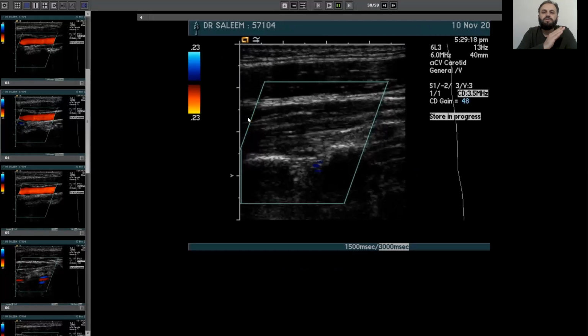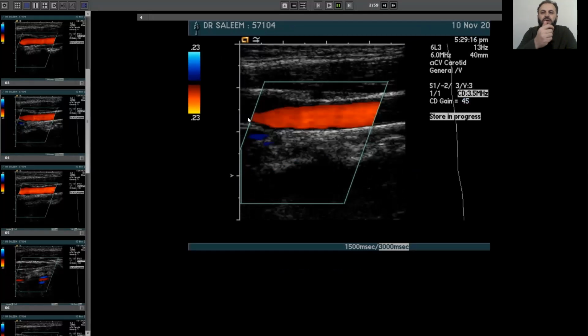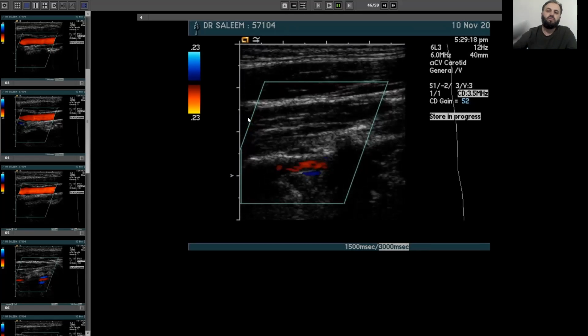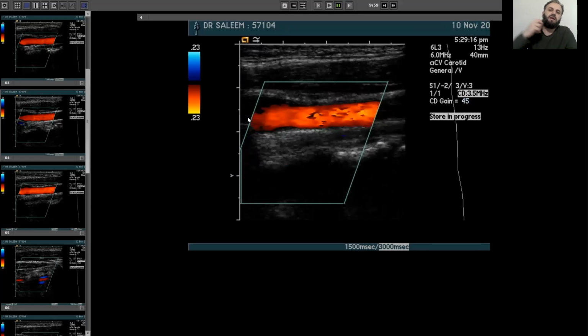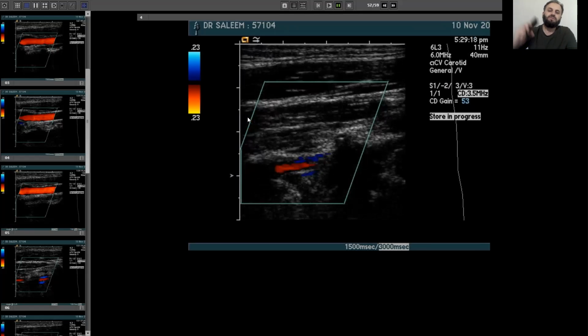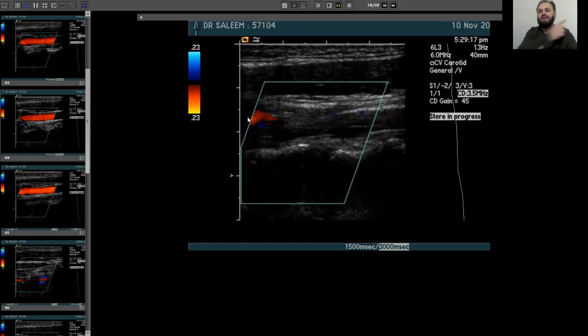We will tilt it, or angle it, more laterally. If it's my right side, I find that distal portion of the CCA and tilt it laterally. Or if it's my left side, I tilt the sound beam laterally.